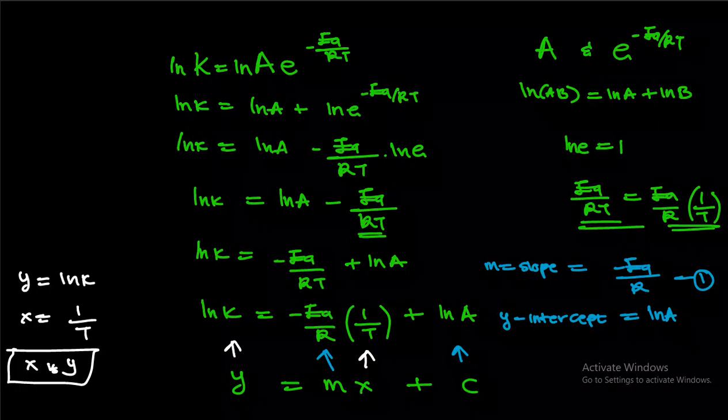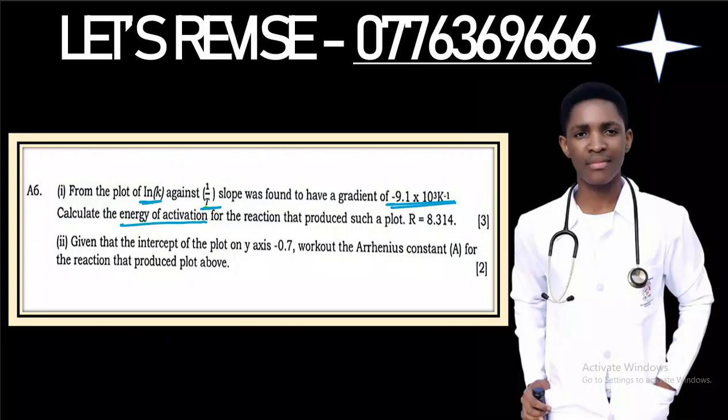So now question number 2 is to work out the Arrhenius constant A, when you are given that the intercept is negative 0.7.